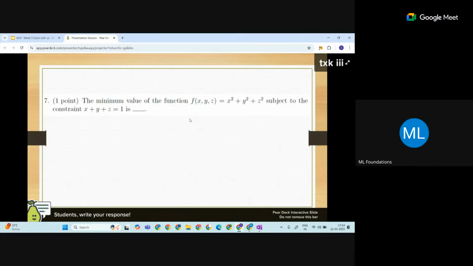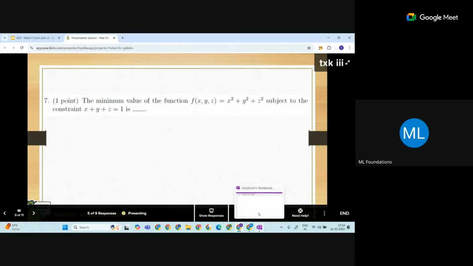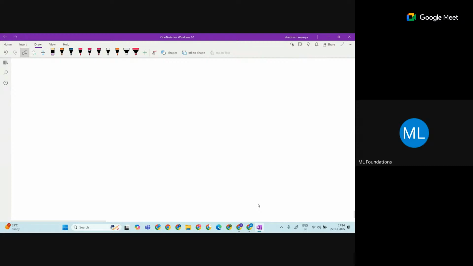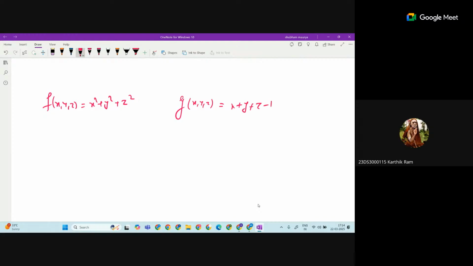So let's do it by the theory case, the Lagrange multiplier. We have the function f of x, y, z, which is x squared plus y squared plus z squared, and we have a constraint. Basically, what you're doing is an approximation of which plane touches at least one point of that x squared plus y squared plus z squared.